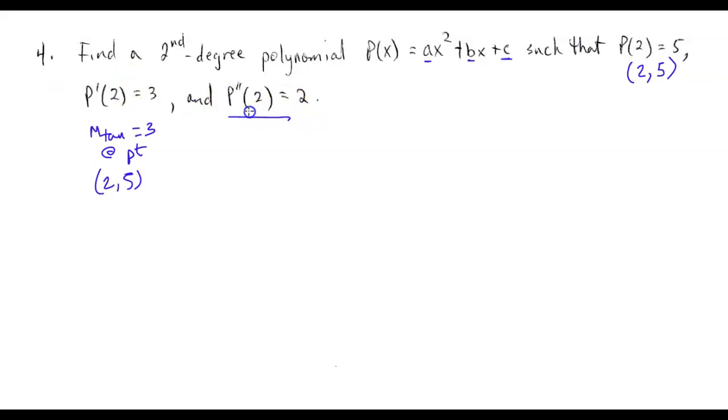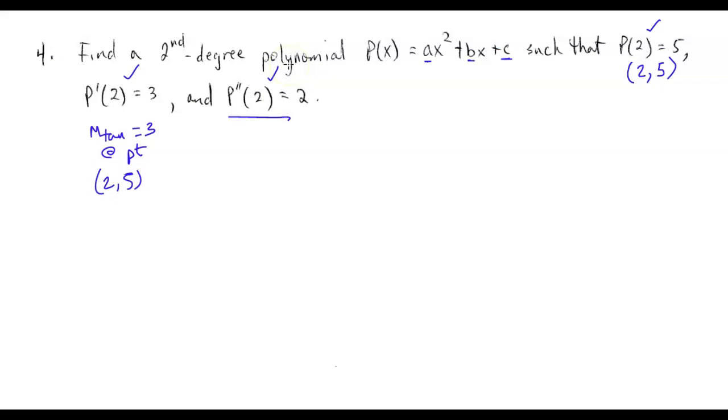This third equation, and we haven't officially talked about this yet, is telling me about the concavity, or put another way, the rate of change of the rate of change, at 2. So if you think of this as position, it says that at the position (2,5), I have a velocity of 3 whatever units and an acceleration of 2 whatever units.